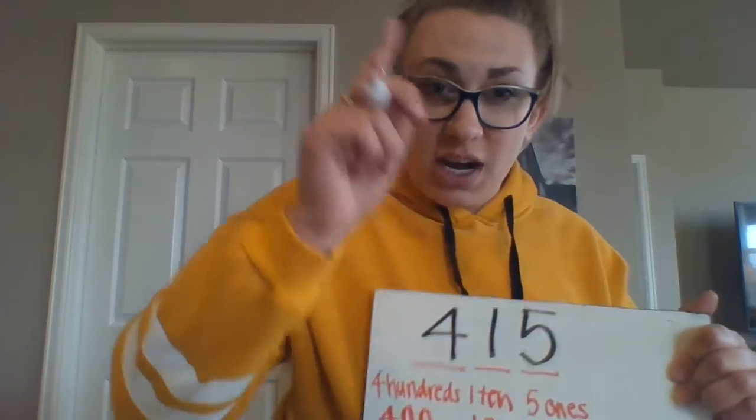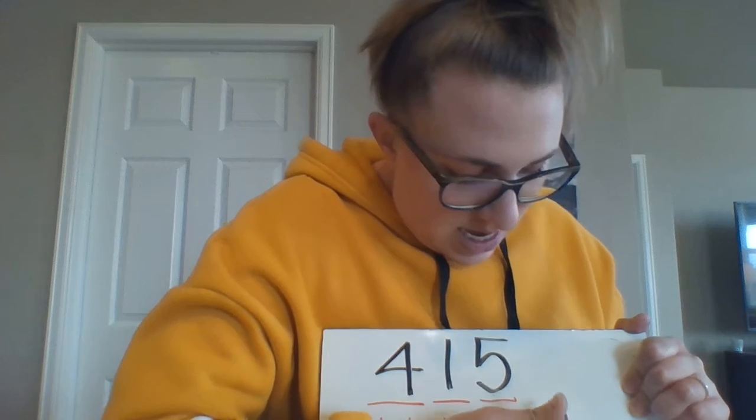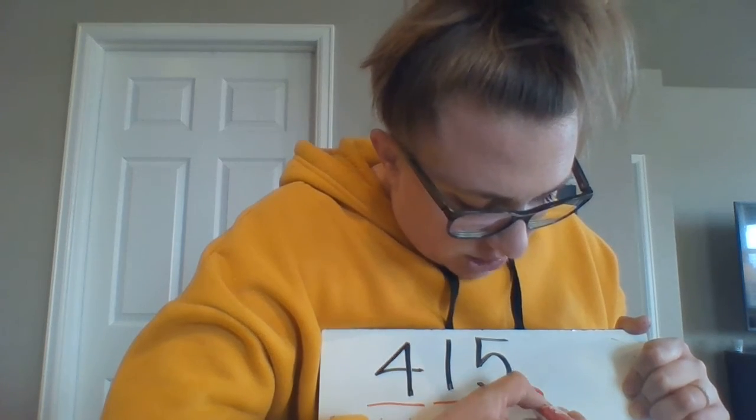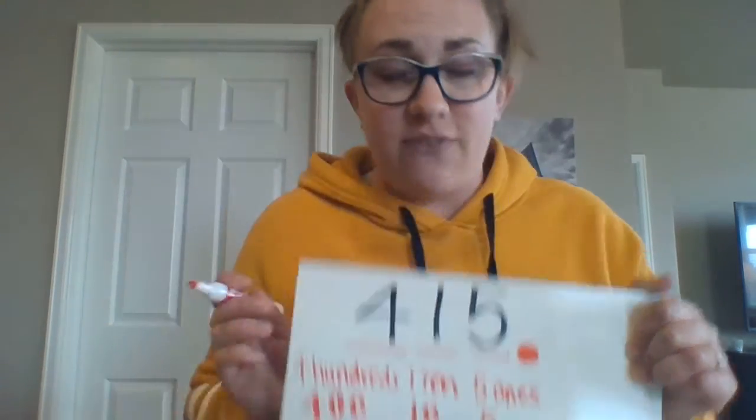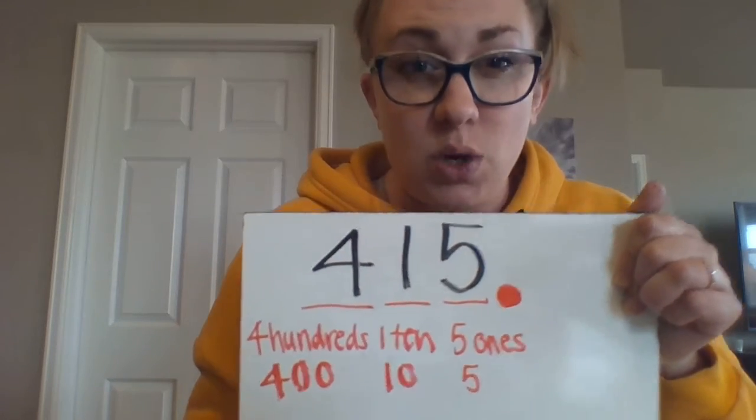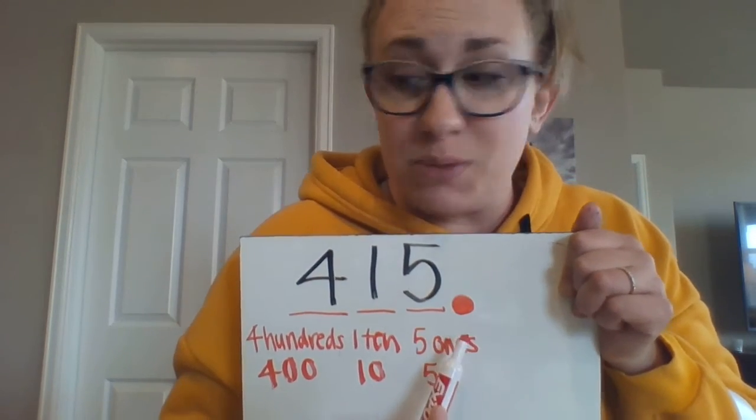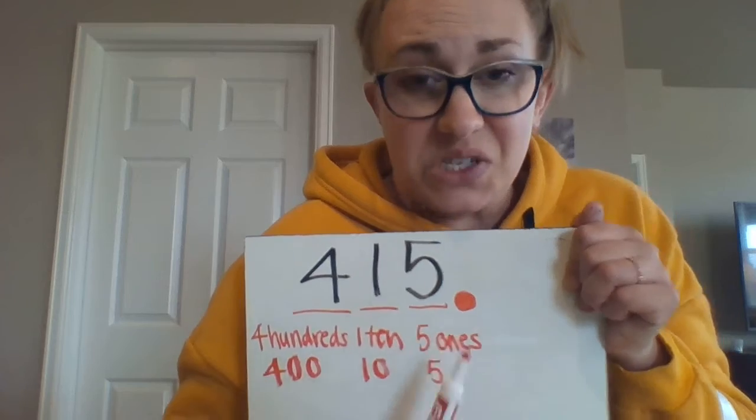When we talk about our decimals, the decimal point, which you have seen before, goes right after the ones place. So that decimal point serves a really special purpose. It helps us know, and you know what, I'm going to write this down. I want you to put this in your notes too.